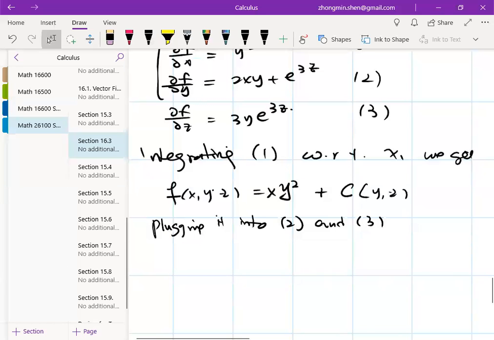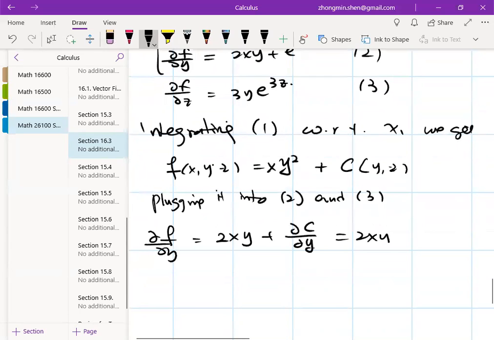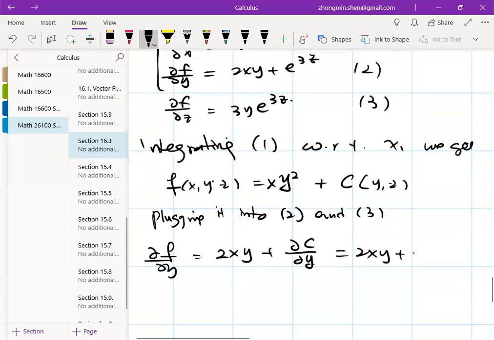Just into 2, then you differentiate with respect to y, then get x, and the partial of c with respect to y, right? So this is going to be x plus, what is the function? 3e^(3z), right?